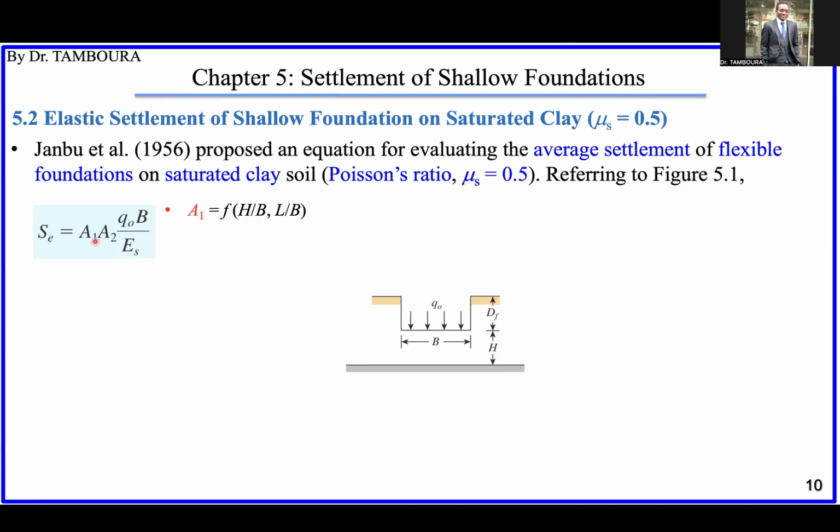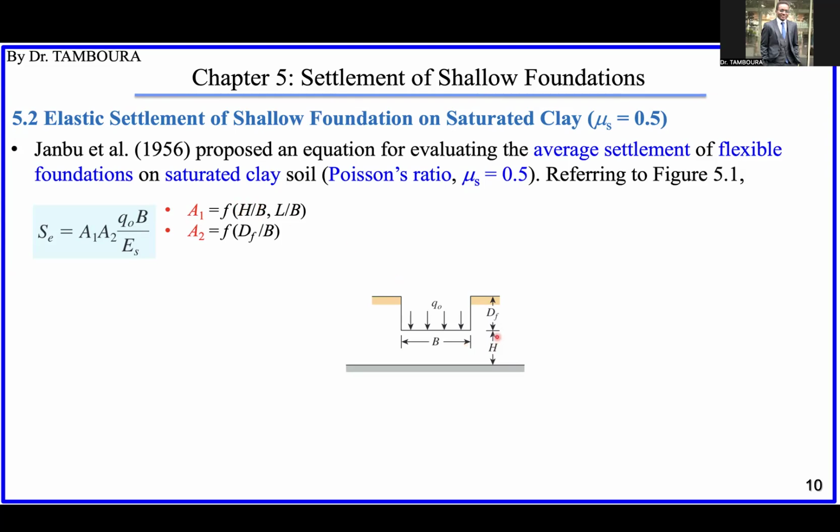About A1, this is not giving directly A1, but it gives you information telling you that A1 is a function of L over B. We will see what this is soon. And A2 is a function of H over B. Sorry, I said this one is embedment ratio, it is not the embedment ratio.